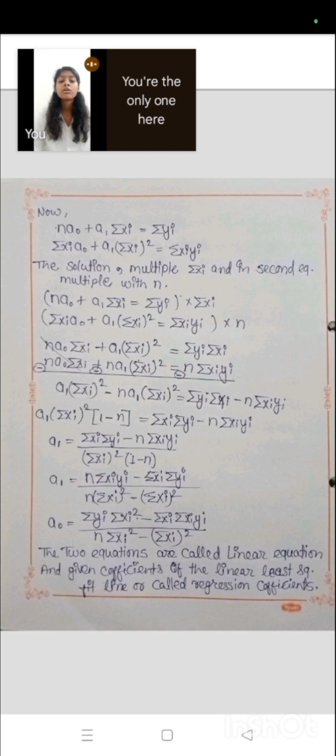So we solve those equations and we find the a1 value.